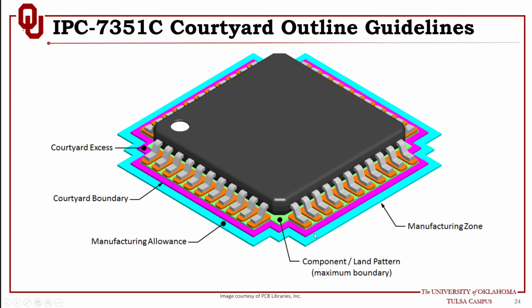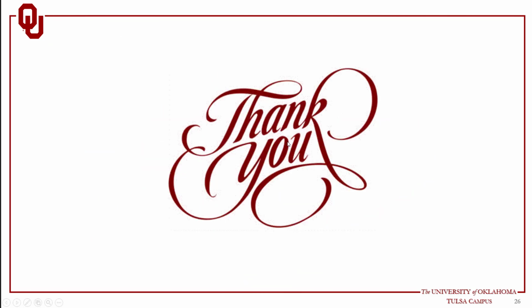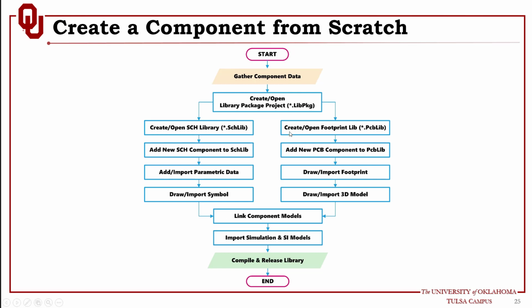This is according to the IPC 7351 standard. And this is basically the manufacturing zone. This is just an example in a 3D model that shows the component land pattern, the package, the courtyard, and the manufacturing allowance.